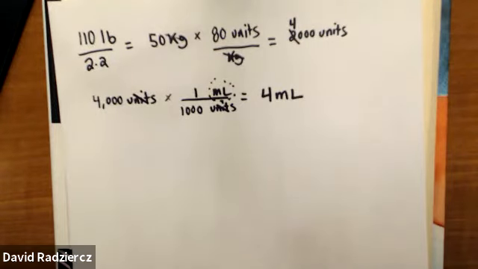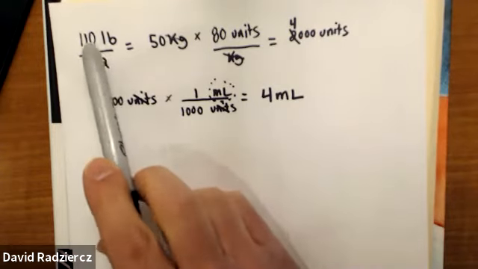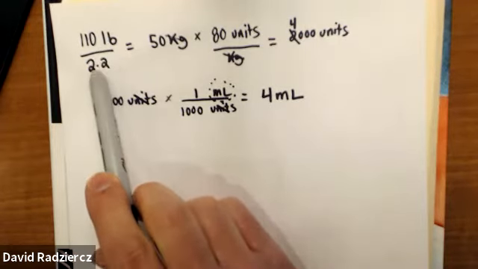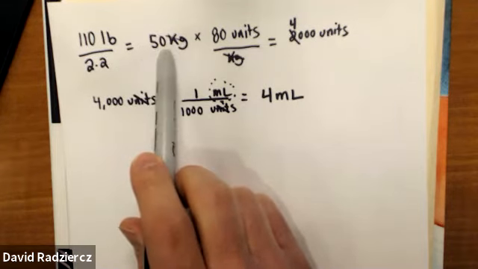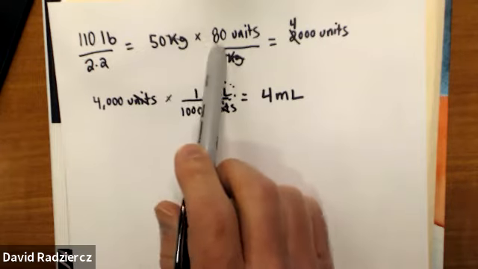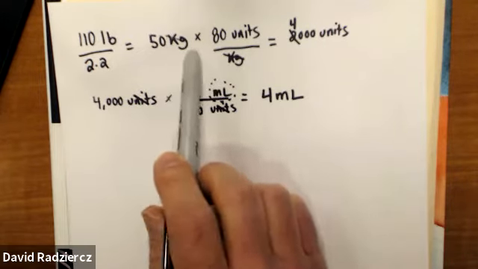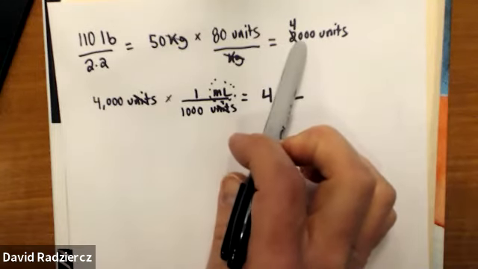As a recap, how did we solve this? Step 1, patient's weight in pounds divided by 2.2 gives me 50 kilograms. I multiply that 50 kilograms by what step 10 tells me, which is to bolus with 80 units per kilogram. So 50 times 80 gave me 4,000 units. 4,000 units is not what I'm looking for.